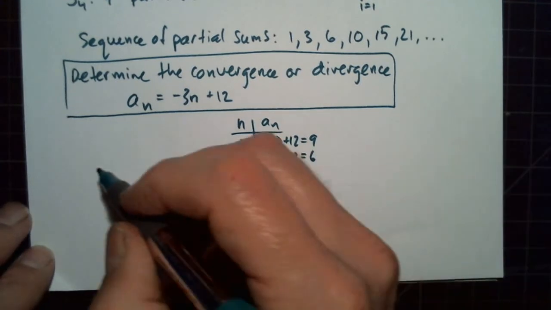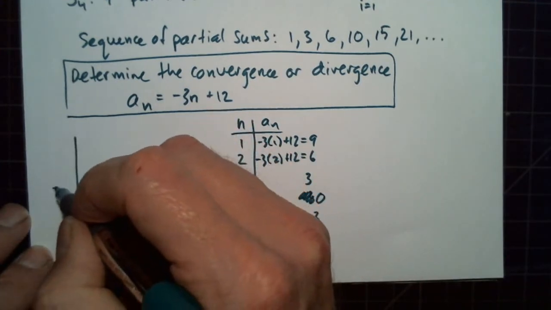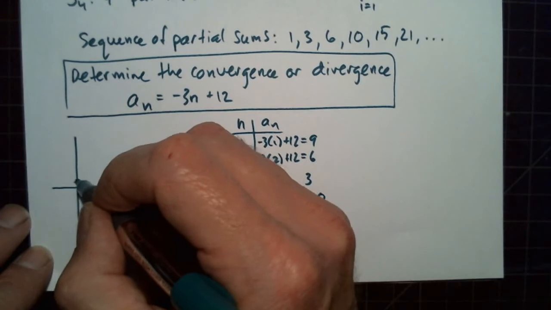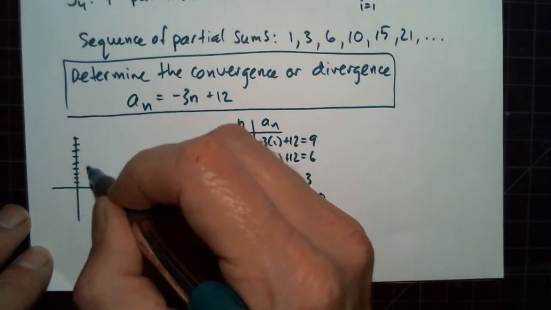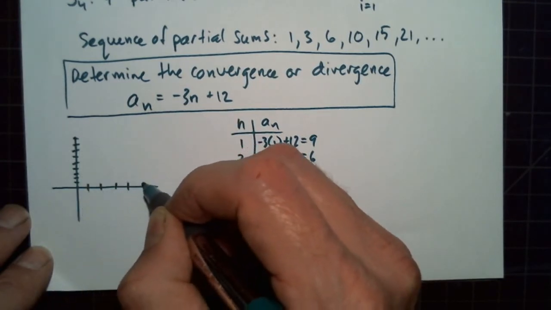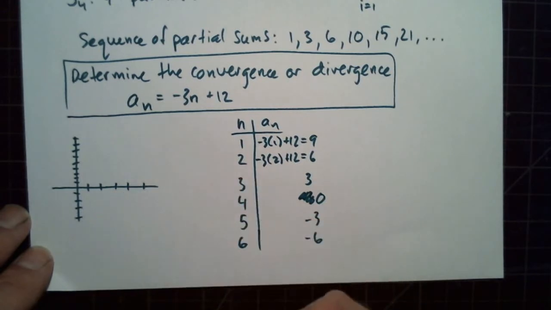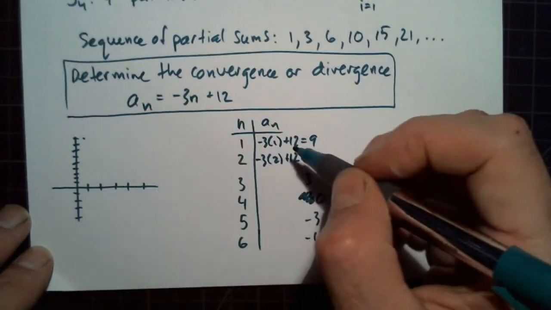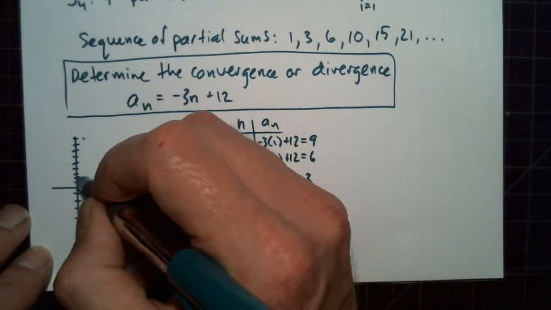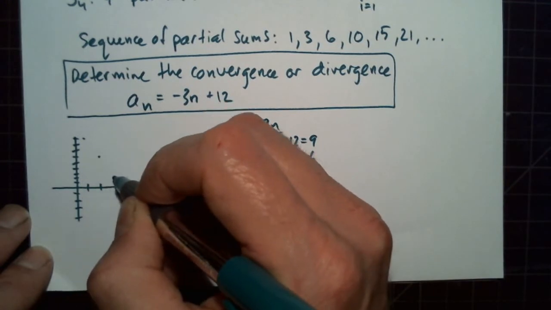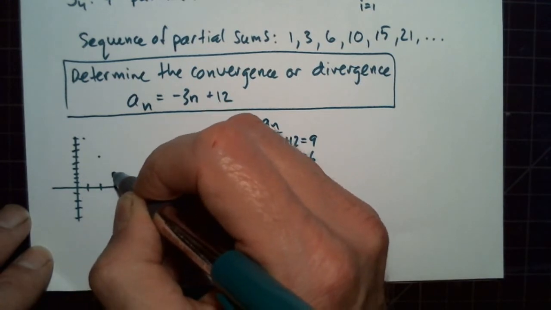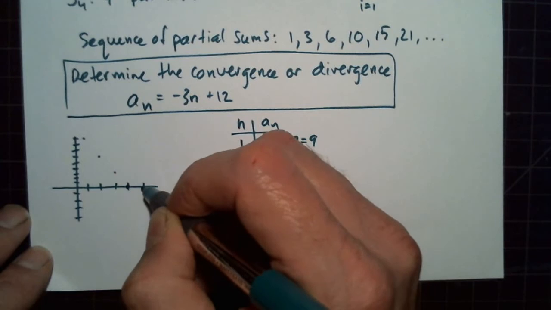So when we look at the graph, we can really see what's happening. At 1, we're at 9. At 2, we're at 6. At 3, we're at 3. At 4, we're at 0.